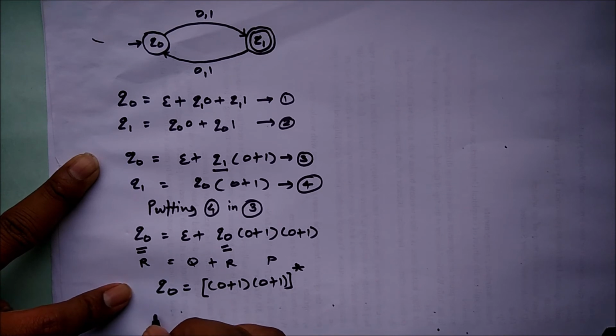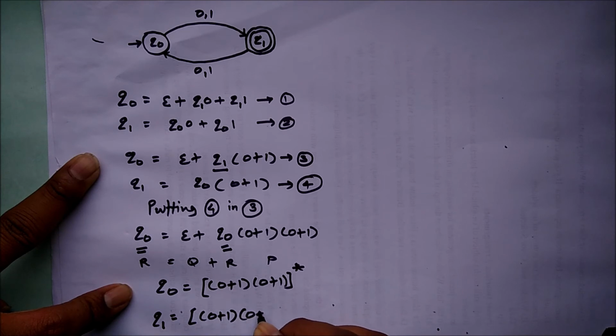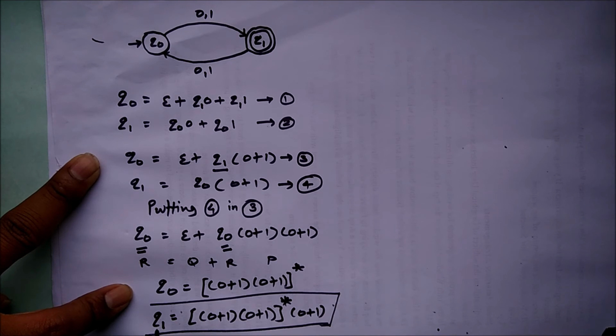So what I can get is q1 is equal to q0, which is (0 plus 1) star, into (0 plus 1), right? So this is the final equation of the given finite automata.